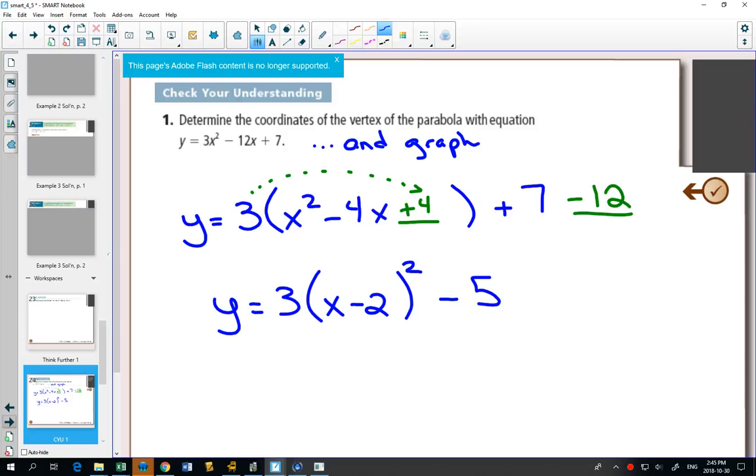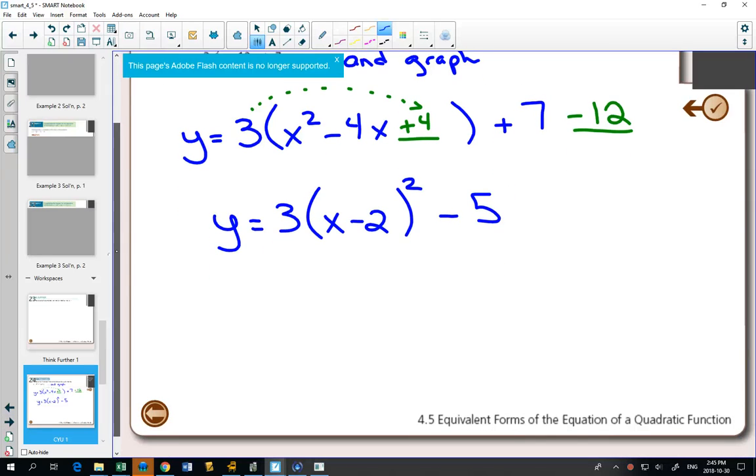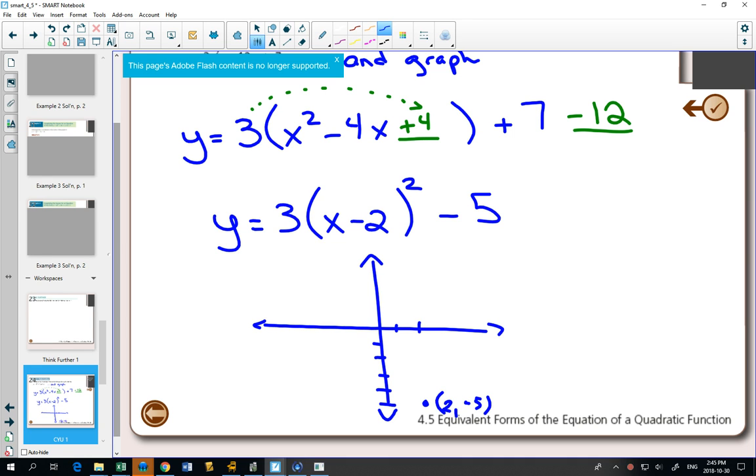So what's the vertex? 2 and negative 5. And if we were going to quickly just draw a sketch of this, we have the vertex at 2 and negative 5. It's going to go over 1, up 3, over 1, up 3, over 1, up 3. So you're going to have the point 1 comma negative 2 and 3 comma negative 2.